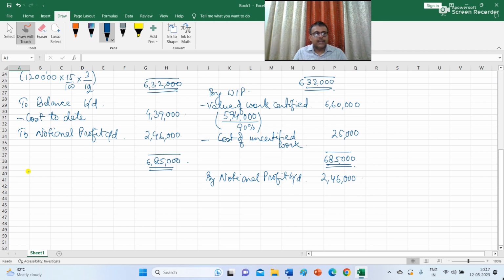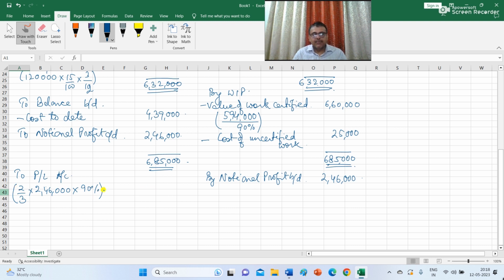Now I have to calculate the part of the notional profit that will be credited to profit and loss account. So to profit and loss account, since the value of work certified is more than 50% of the value of the contract, so 2/3 of notional profit, that is 2 by 3 multiplied by 2,46,000, multiplied by cash received by work certified, which is 90%. So 90% is the cash received to work certified.